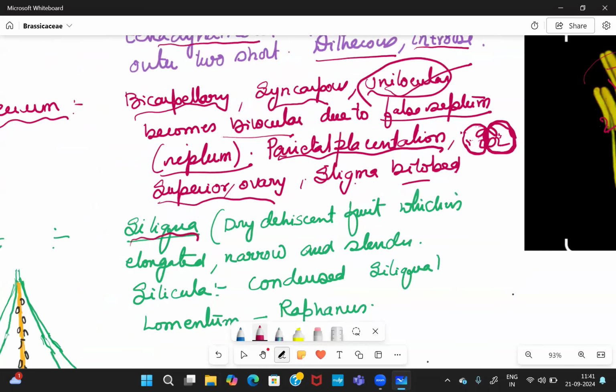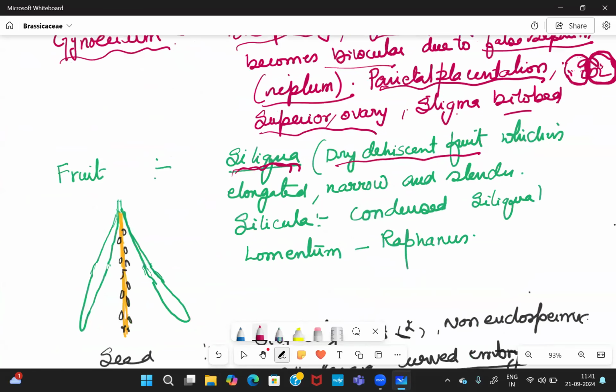And come to the fruit. Here is a special type of fruit, the siliqua, a dry dehiscent fruit. It breaks at the time of maturity. The pericarp breaks, and this yellow one is the replum, and the seeds are attached to this replum.